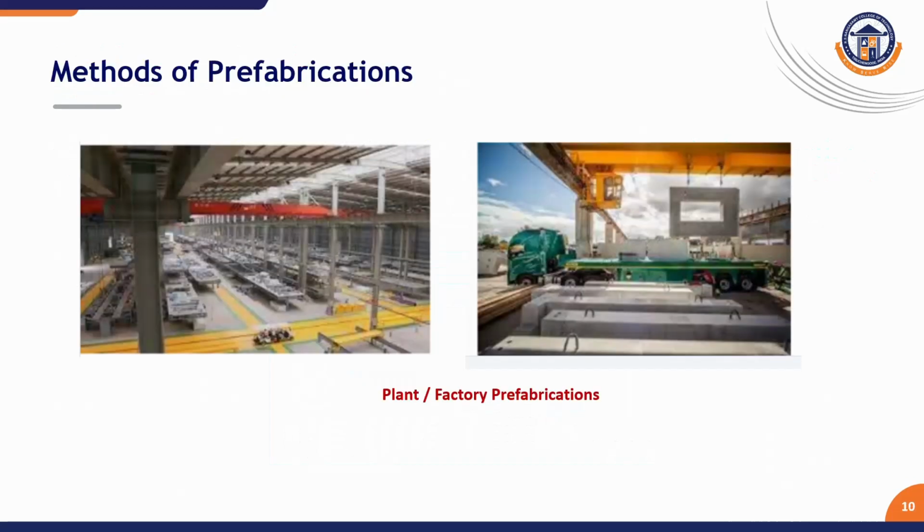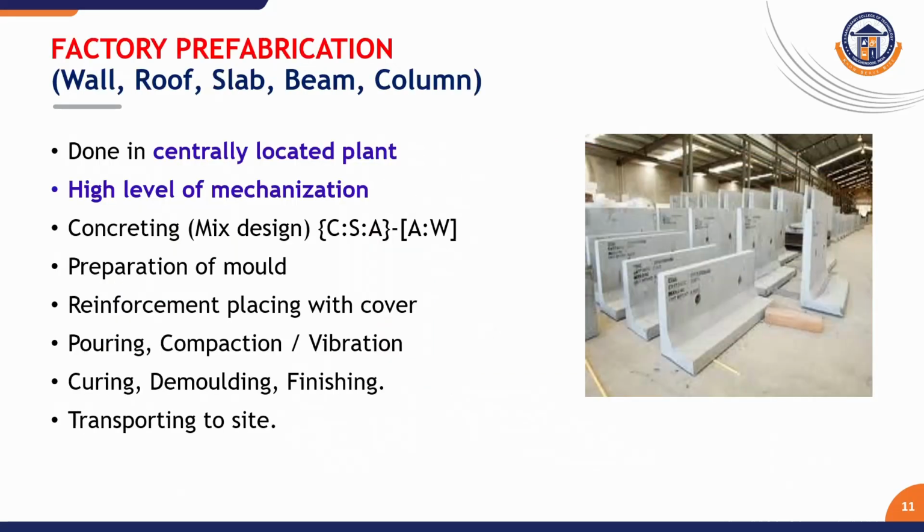So the methods which are involved in prefabrications are plant prefabrications or factory prefabrications, as well as site prefabrications. In factory prefabrications, work is performed in a centralized plant with high mechanization. It involves steps like preparing molds, placing reinforcements, pouring concrete, compaction, curing, demolding, finishing, and transporting the components to the construction sites.